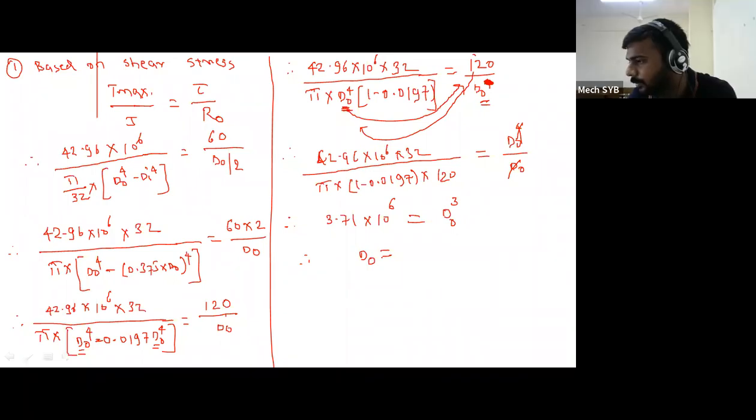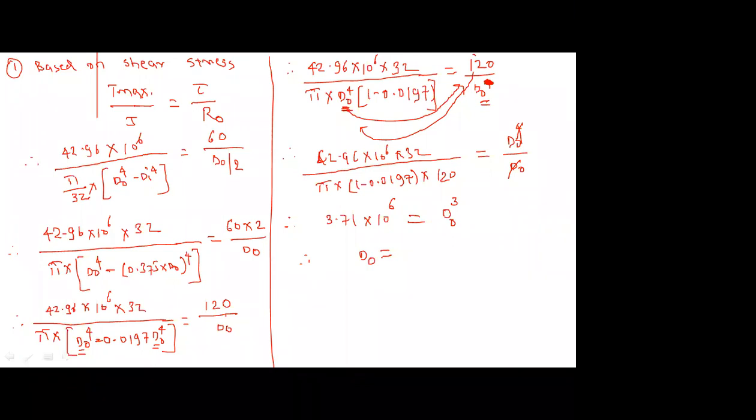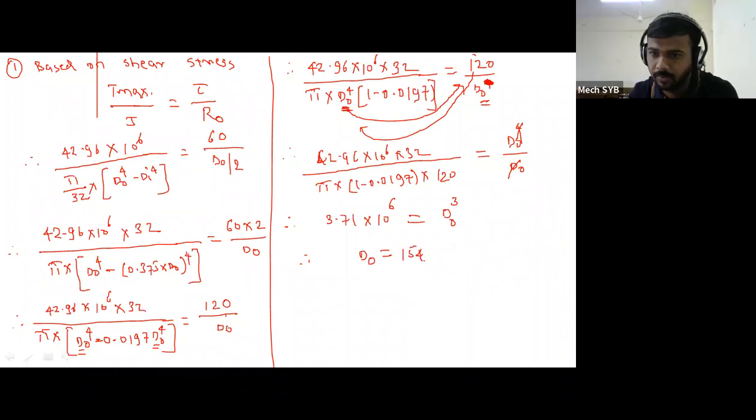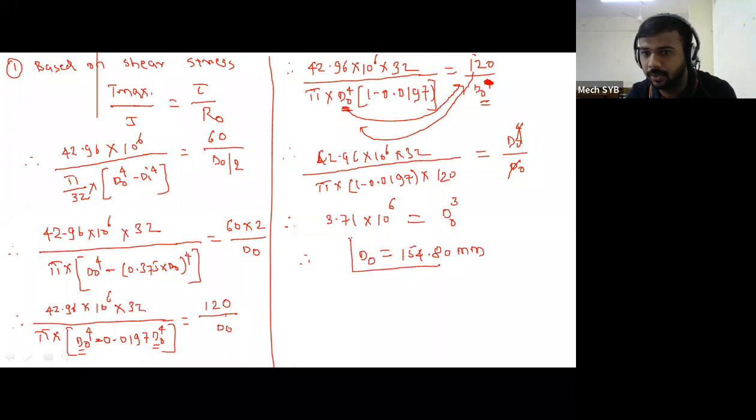154.80, let me just check, 154.80. Yeah. So those who have calculated, please send your answers in the chat box. Variations in the answers will be accepted, but it should be 154 point something.